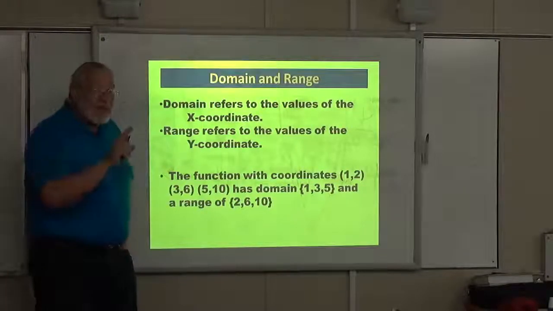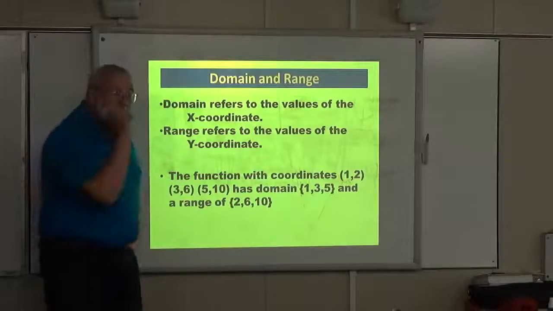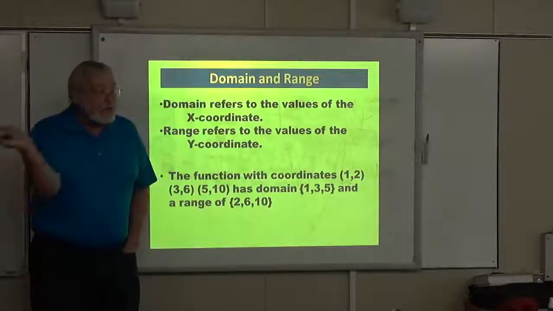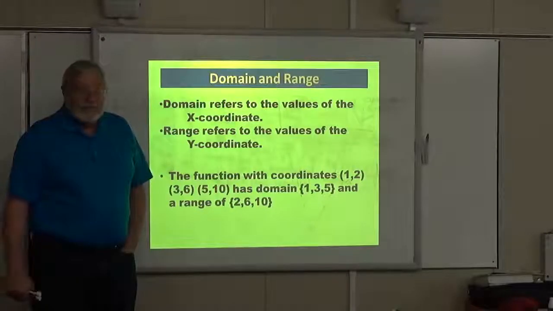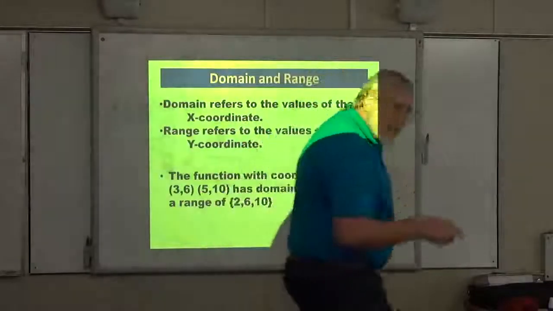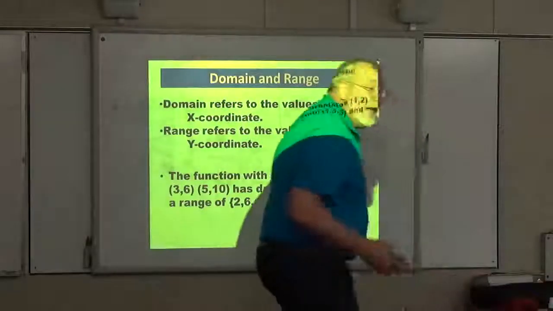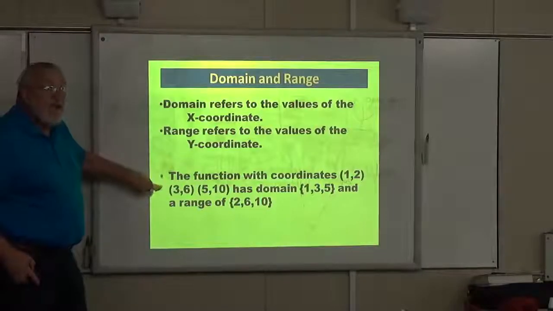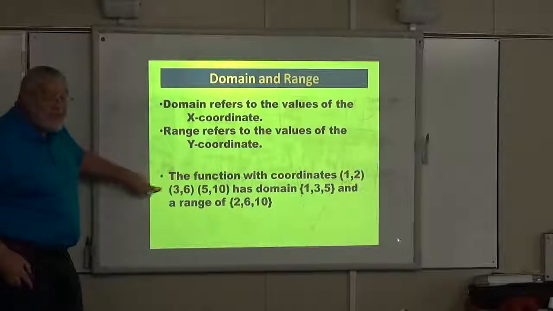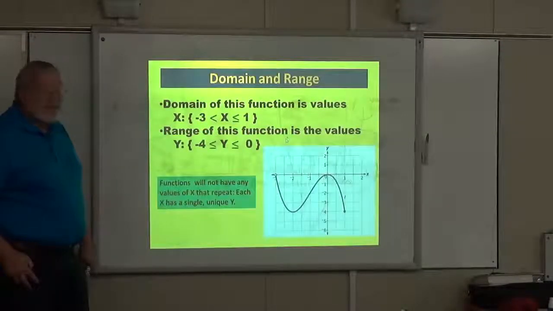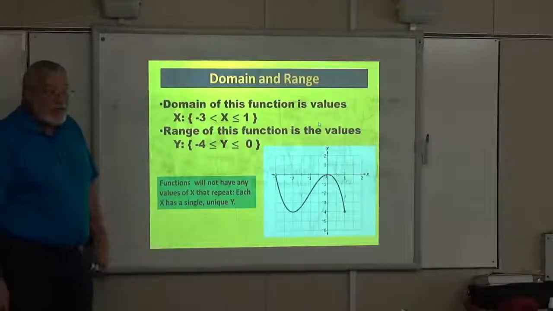So every x has only one y to go to. If the x has two y's to go to, it's not a function. So did that answer your question? Why did I choose those? I chose these because there was a functional relationship, and that is that y is equal to 2 times x. If I gave you something much more difficult than that, it would be really hard to figure out.